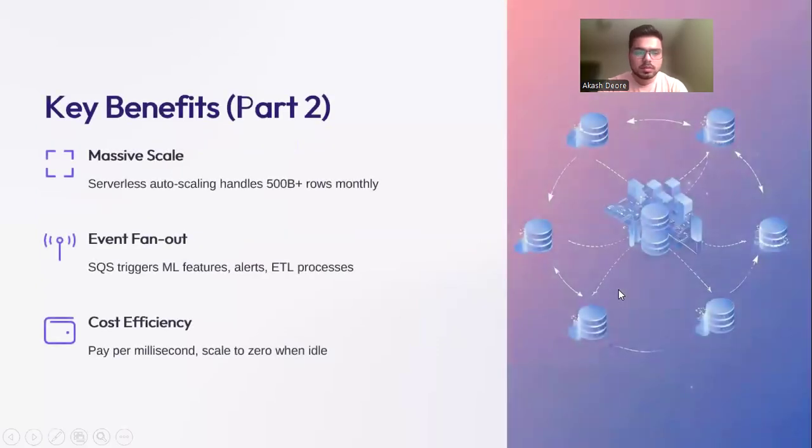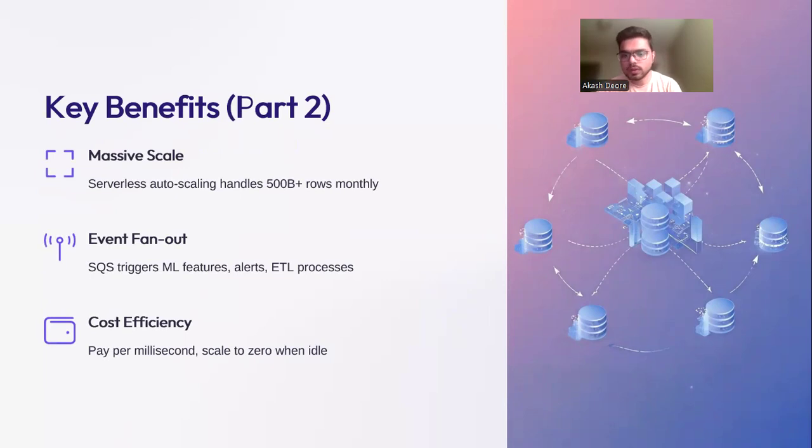And third key benefit is massive scale at predictable cost. Serverless compute scales horizontally for peak and then scales to zero when it is idle, so we just need to pay by the millisecond of use.